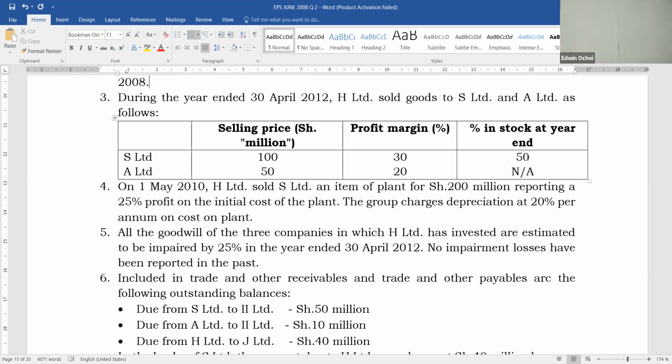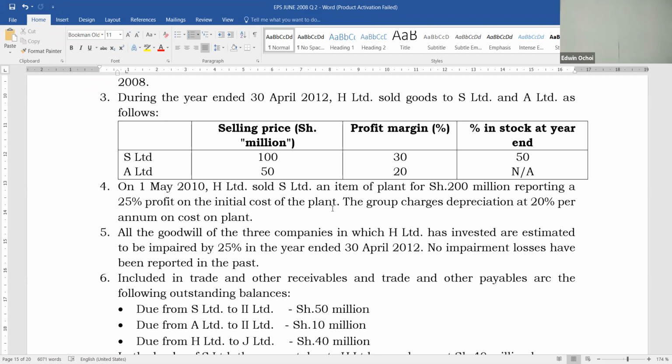But for fixed assets, the other entity which will receive this fixed asset will never resell at all. A fixed asset is not meant for resale. That is why in note 4, they are saying that H sold S an item of plant, a fixed asset, reporting a profit of 25% on the initial cost of the plant. They have not told you if S resold the plant, and they will never mention that. It's upon you to know that S will never resell this fixed asset.